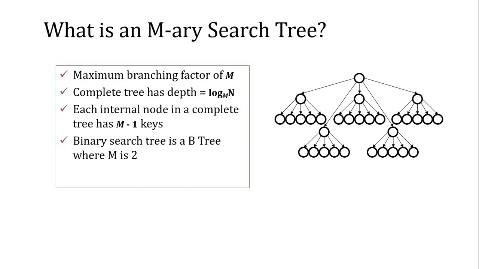If there are m pointers from a node, then the total keys will be m-1. Suppose a binary tree is a B tree where m is 2. As m is 2, you have m-1, that is 2 minus 1, so one key for each level.